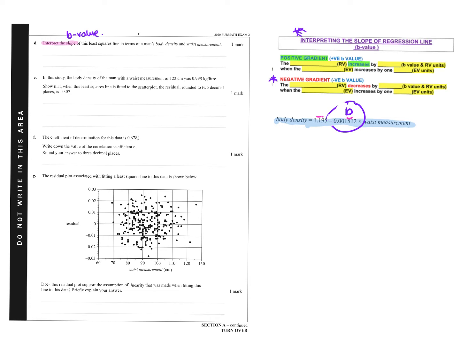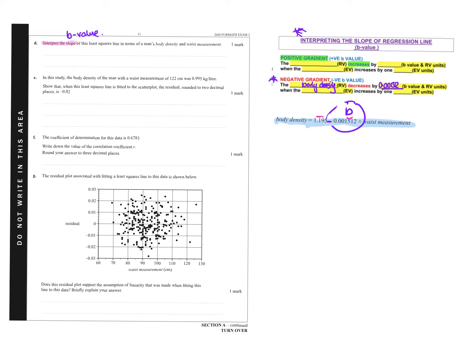So I would say the RV, which is the body density, decreases. The word decreases takes into account that negative, so you just have to write the values. So decreases by 0.001512. Now, after that, you want to write the B value and RV units.